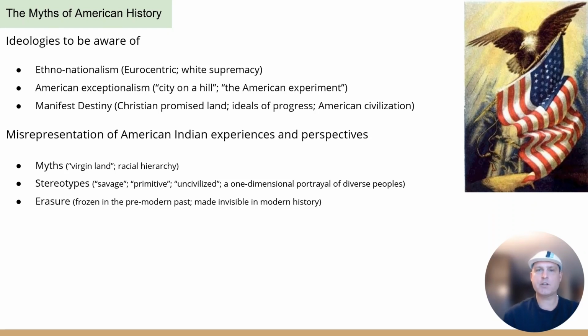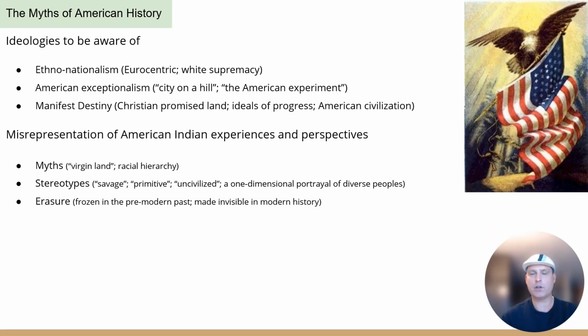These ideological themes that are woven into the story of American history also include a number of misrepresentations of American Indian experiences and perspectives. This includes kind of a representation of the continent as a virgin land, empty of people. The idea of racial hierarchy, again, another way of describing white supremacy.